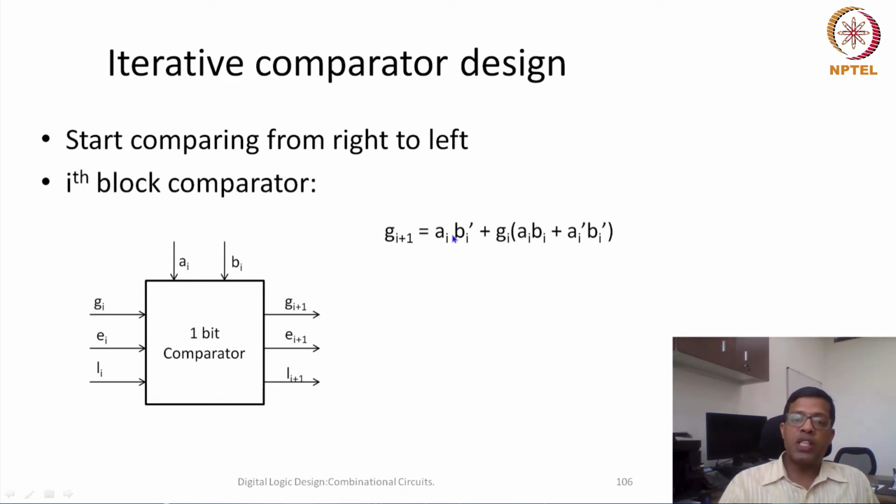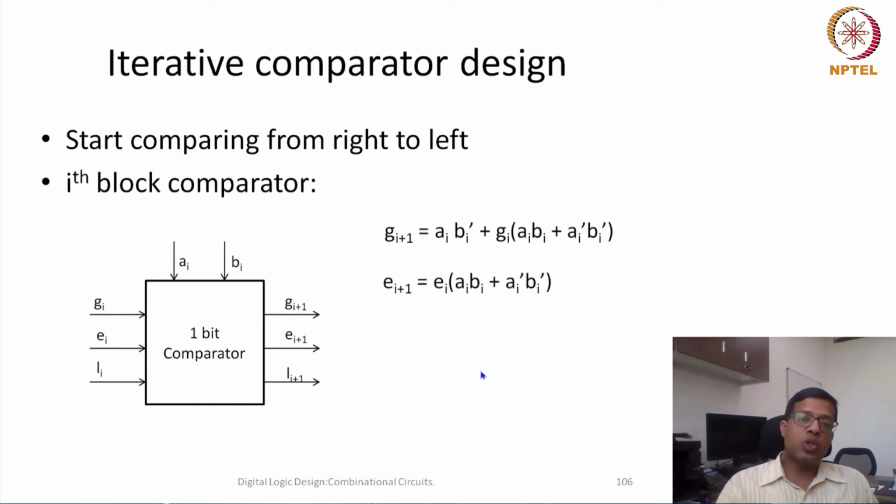So in other words we can say Gi plus 1 would be 1 if Ai is 1 and Bi is 0, or if Gi is 1, that means A was greater than B for the bits up to i minus 1, and my current bits Ai and Bi are both the same. That means either both are 1 or both are 0. Then we can say that A is greater than B till the ith bits.